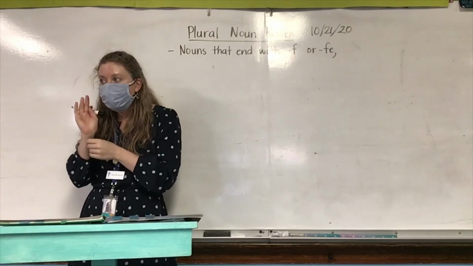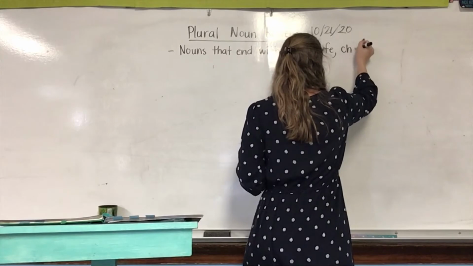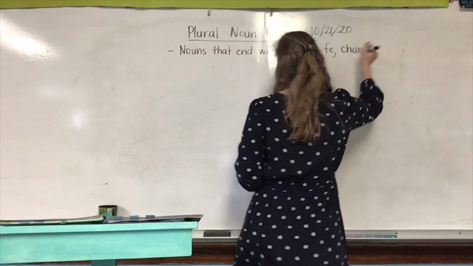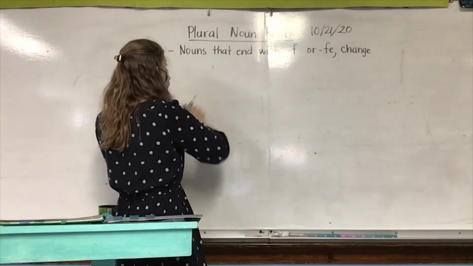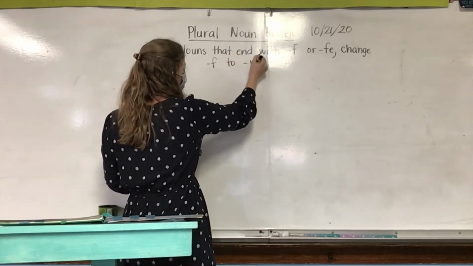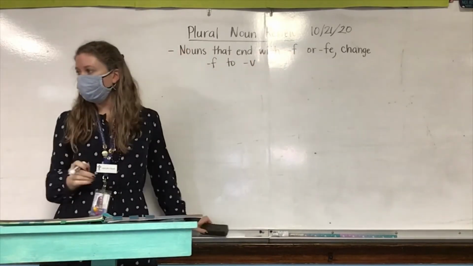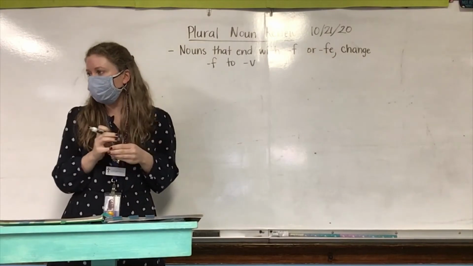Replace the F or the F-E with a V. Change F to the letter V. And now that's not the end. This is a two-step plural. What do we do next?